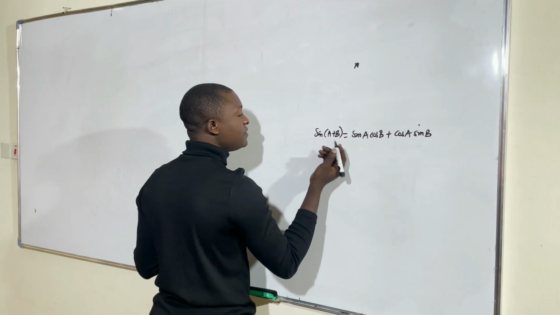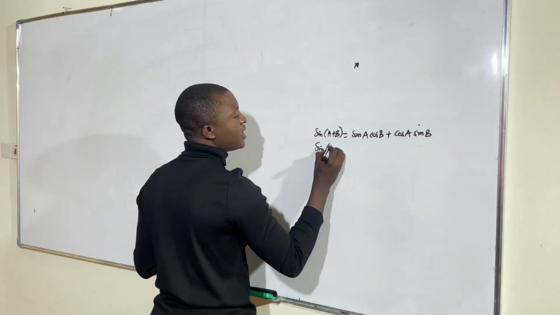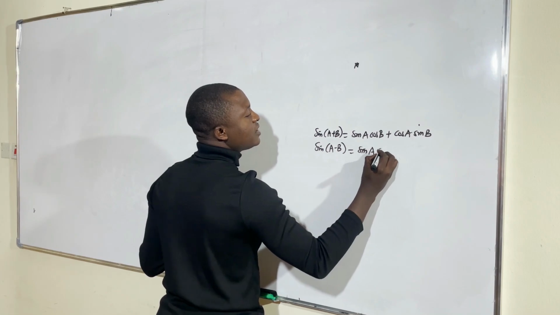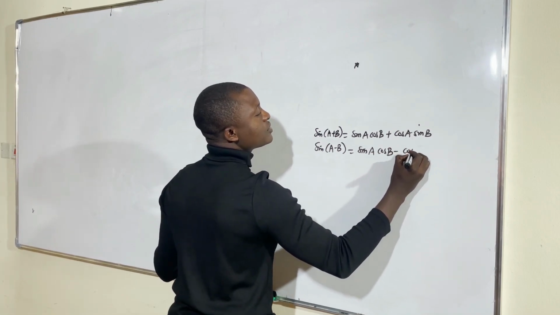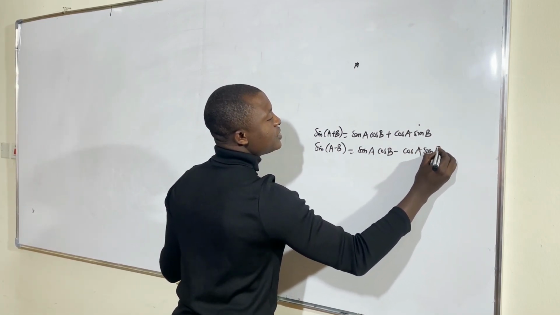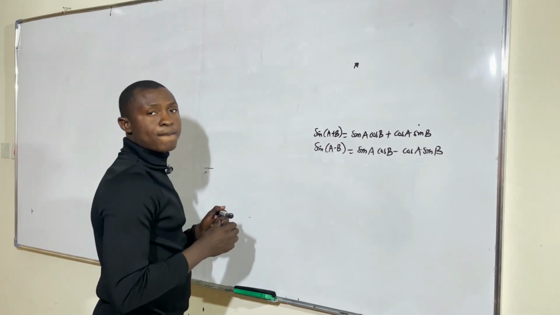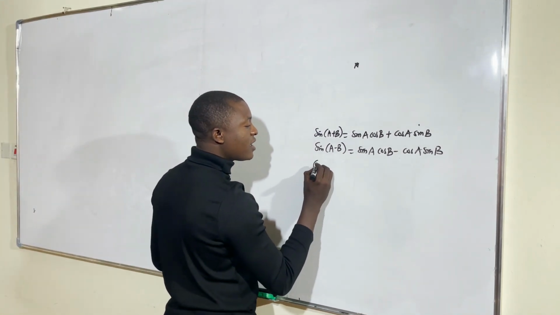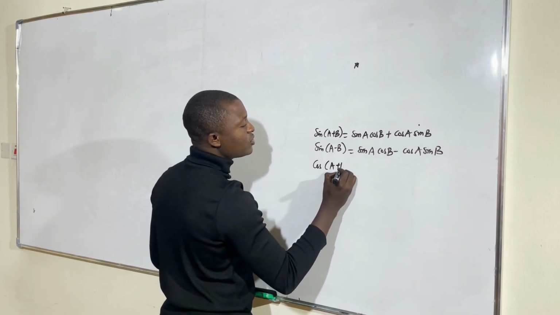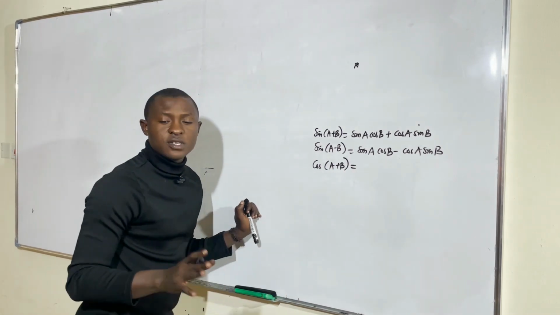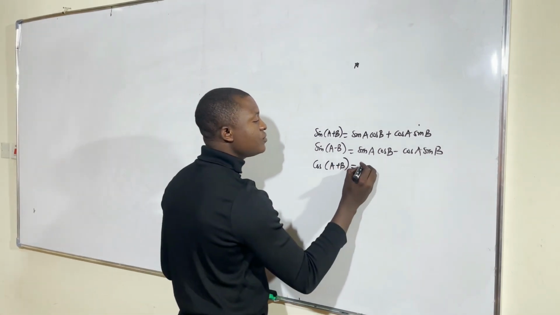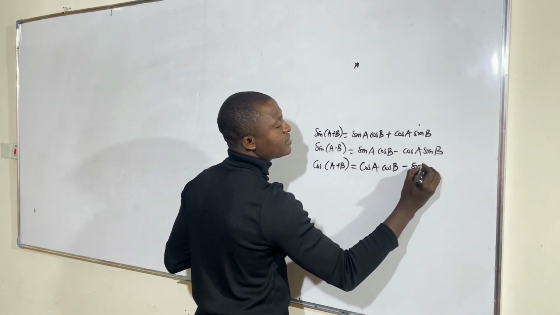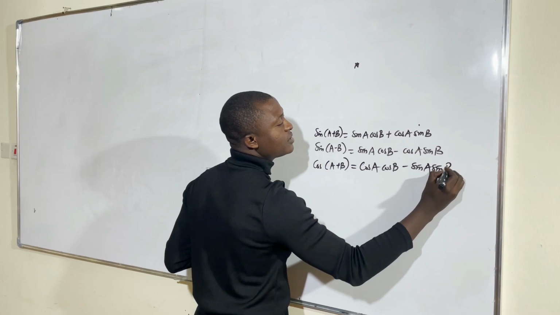And if it is negative, let's say we have sine A minus B, that one is nothing but sine A cos B minus cos A sine B. Then, in the case of cos, the two angles follow each other. If I have cos A plus B, for example, a positive changes to negative, that one is going to be cos A cos B minus sine A sine B, right?